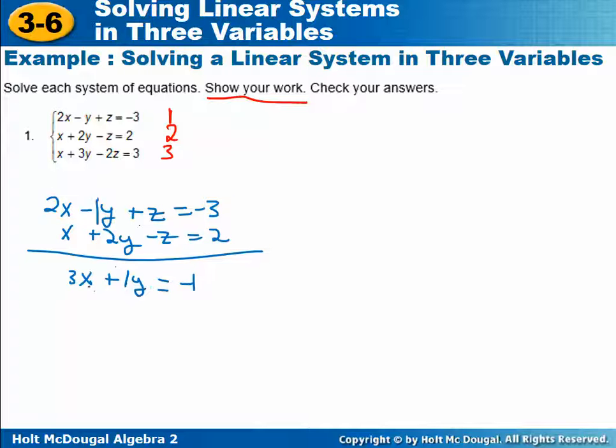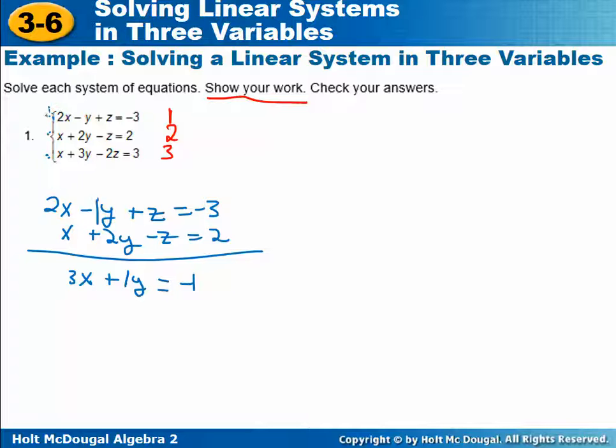All right, so I've got one equation with an x and a y. I need to go back up here. I did 1 and 2 already. I need to combine 2 others, not 1 and 2 again, or I'd get the same exact answer. But I could do 1 and 3, or I could do 2 and 3. I want to pick 2 that would also eliminate the z variable.